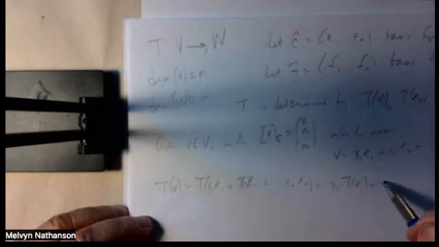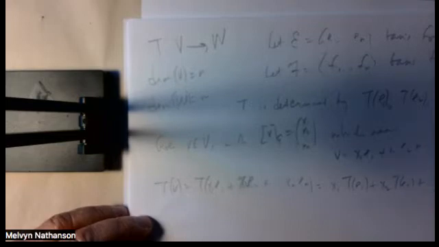And because T is linear, this is x1 T of E1 plus x2 T of E2 up to xn T of En. It's this linear combination of the vectors T of E1 up to T of En, which are sitting in W. But T is completely determined by how it operates on these n basis vectors.